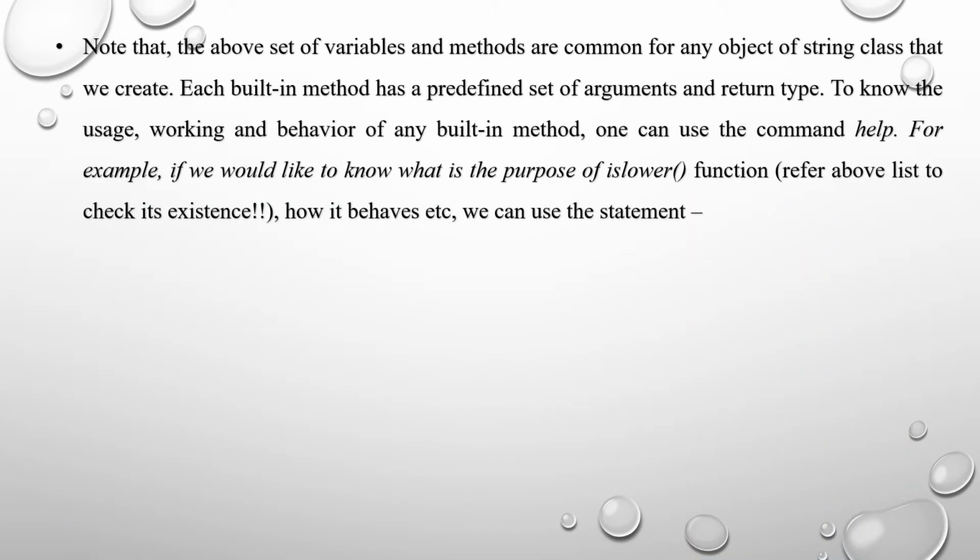Note that the above set of variables and methods are common for any object of the string class that we create. Each built-in method has a predefined set of arguments and return types. To know the usage and behavior of any built-in method, one can use the help command.